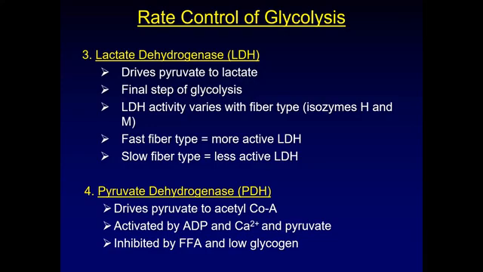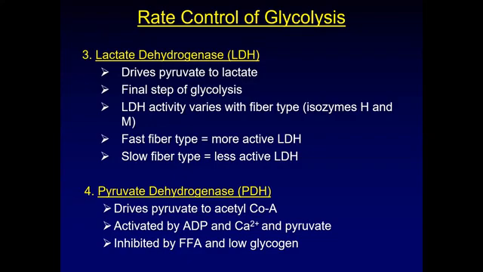The honest answer is we're doing a lot of it. Right? LDH, in many ways, is considered the final step of glycolysis. Going from pyruvate to acetyl-CoA, we call that not glycolysis. This is going to be here. LDH activity varies among fiber types.